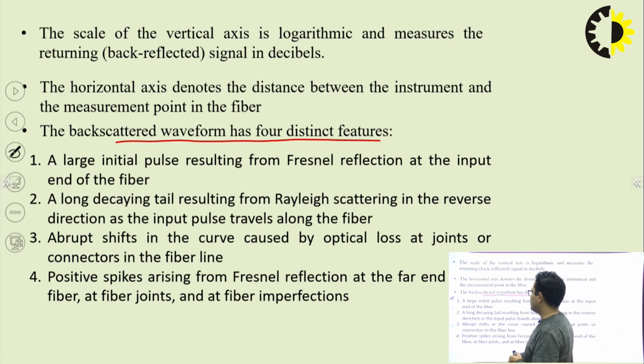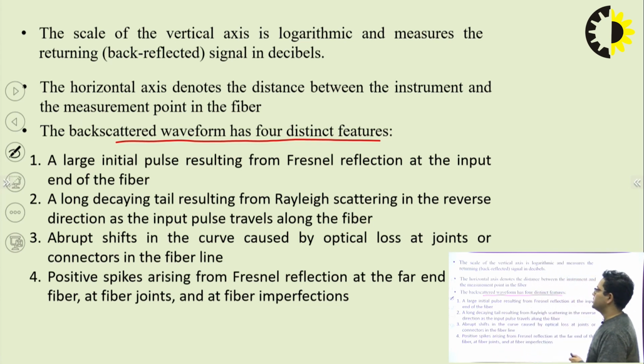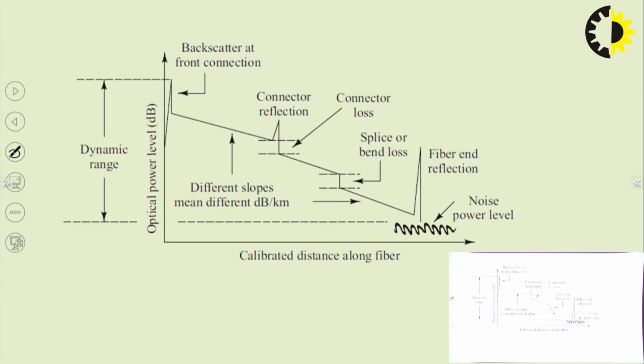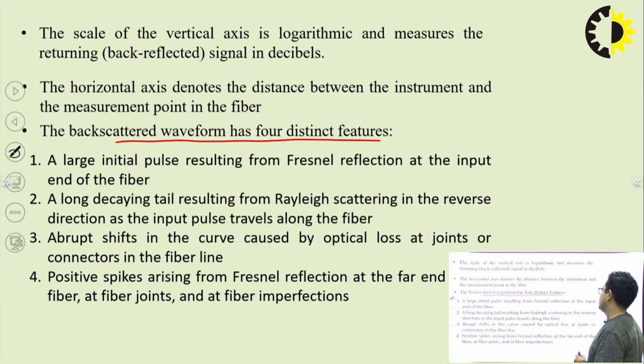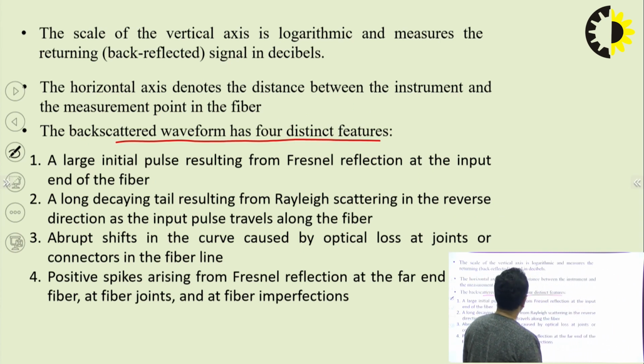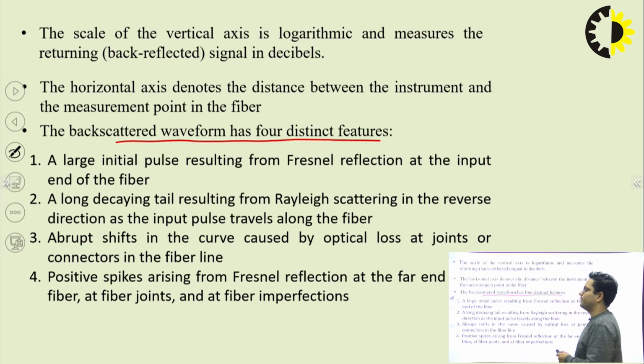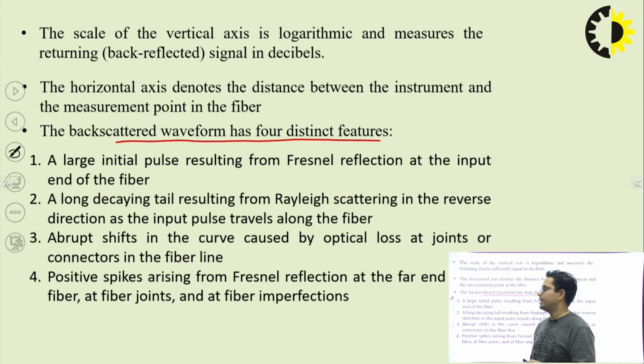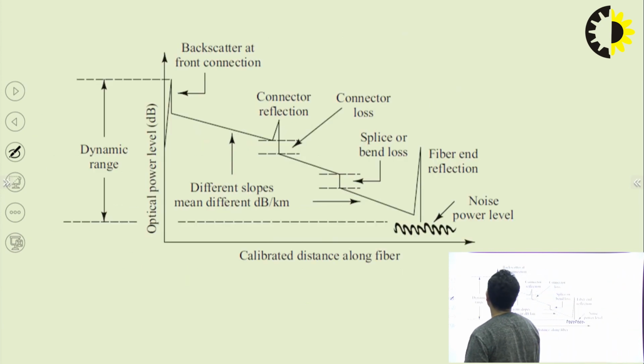The first is a large initial pulse resulting from the Fresnel reflection at the input end of the fiber. That large spike that we can see is because of the Fresnel reflection at the input end of the fiber, this one, right?